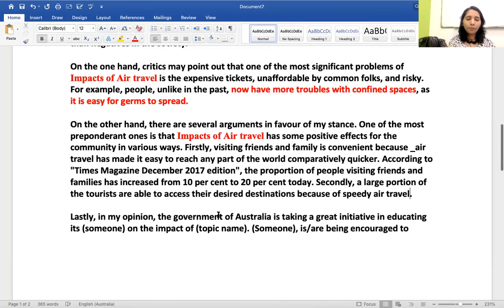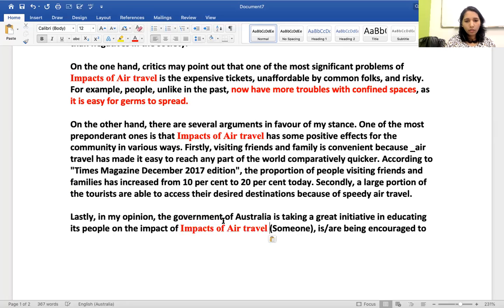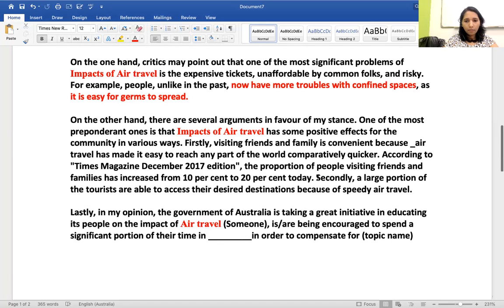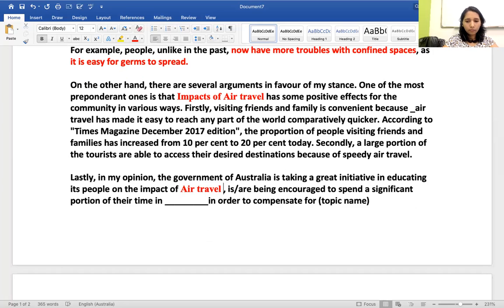Then lastly, in my opinion, the government of Australia is taking a great initiative in educating its people on the impact of, you put in the topic name, impact of air travel. Then people are being encouraged. There's a full stop here.